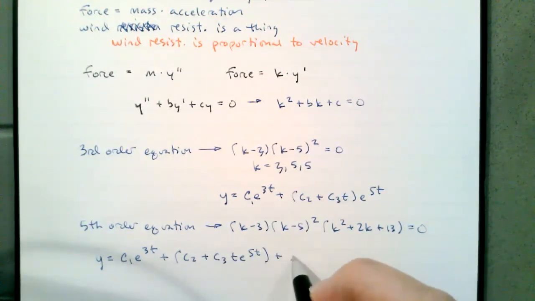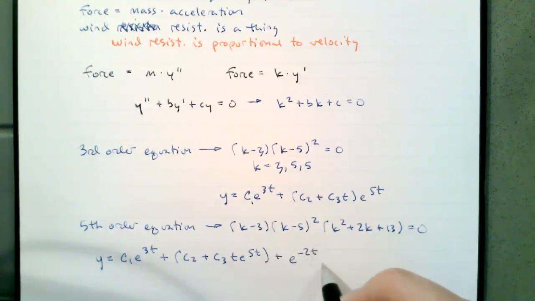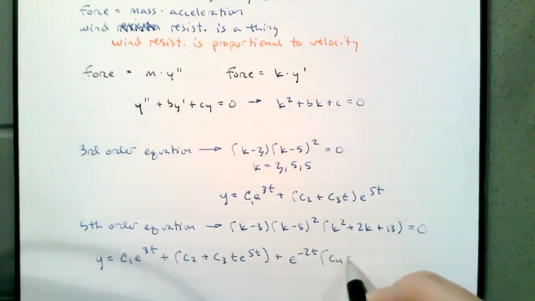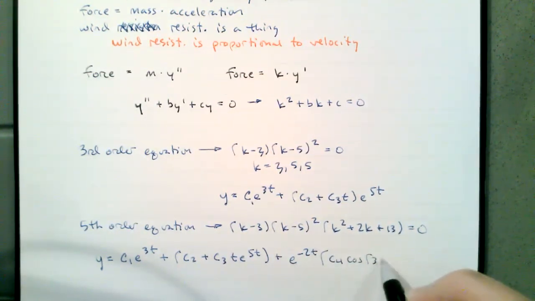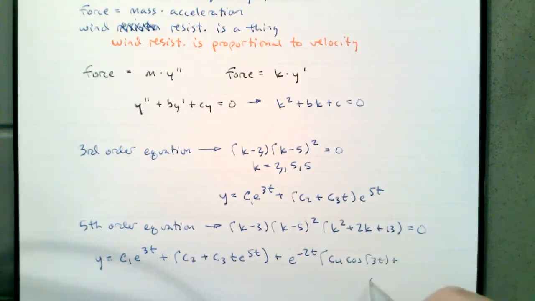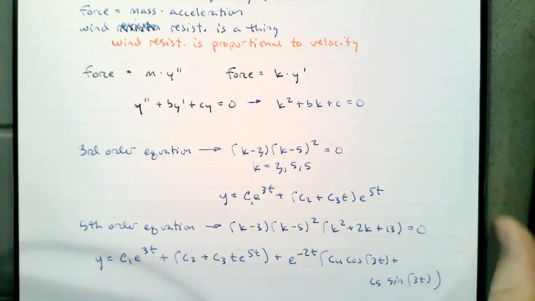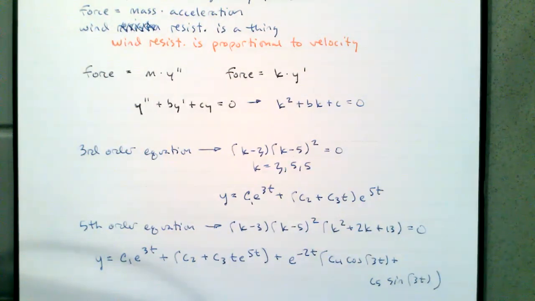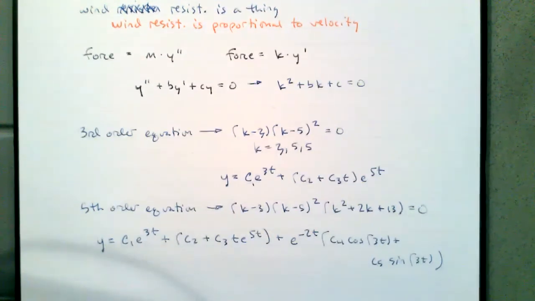So I'll also need an e to the negative 2t times C4 cosine of 3t plus C5 sine of 3t. So we can just take what we know about the quadratics and just build it out.